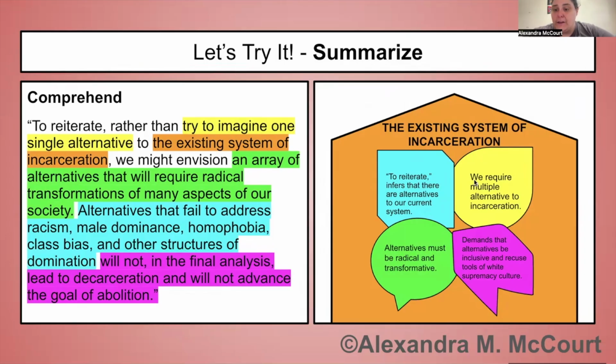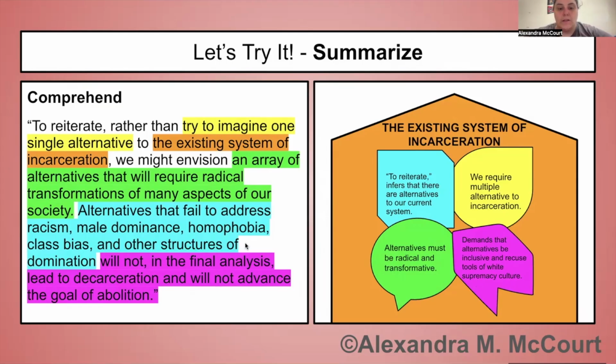But similarly, in yellow, we require multiple alternatives to incarceration. In green, an array of alternatives that will require radical transformations of many aspects of our society. Alternatives must be radical and transformative. And then finally, I have here in pink, demands that Davis is demanding, demands that alternatives be inclusive and recuse tools of white supremacy.